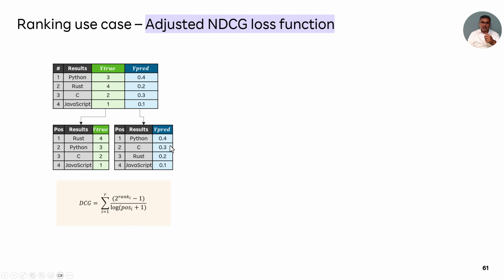Similarly here, first position, second position, third position, fourth position. And you add up everything. And the adjusted NDCG loss is calculated by calculating the DCG of y_pred, essentially feed all the predictions into this formula, divided by the DCG of y_true. Same thing, feed all this data into this formula, and then you get the adjusted NDCG loss.